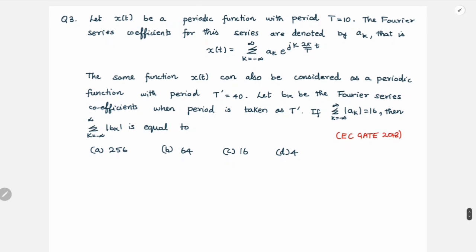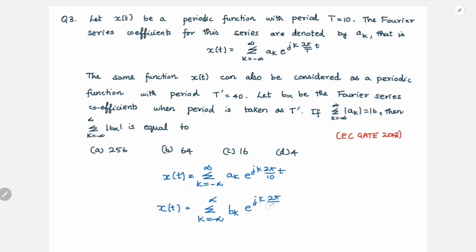Okay, so this is a very interesting question. We have x of t is equal to summation k equal to minus infinity to infinity ak e power jk 2 pi by T into t. Now if we consider T prime equal to 40, where here it is 10, then we have new Fourier series coefficients bk, which is nothing but e power jk 2 pi by 40 t, right?